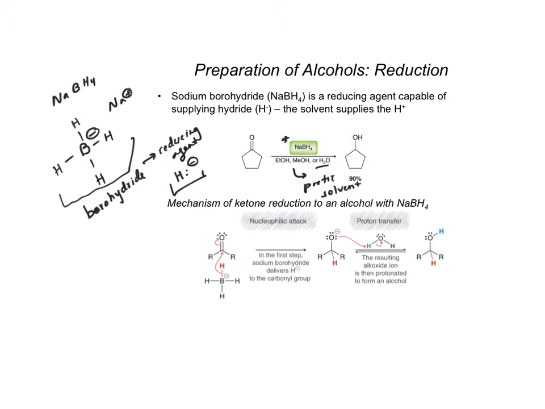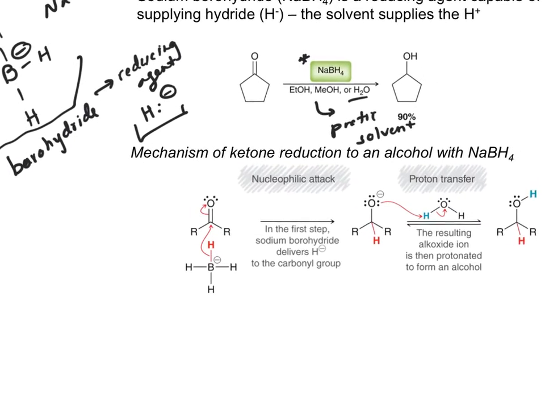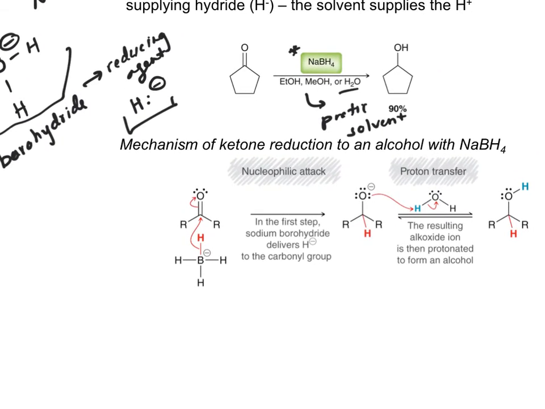Okay, so what is the overall mechanism for this guy? Again, if we go back to our 4 basic steps, what we're going to find in the first step is nucleophilic attack. Notice we're dealing with the hydrogen. Normally when we see hydrogen, we think of proton transfer, where a base goes out and gets the hydrogen and the electrons are left behind. This is something entirely different. This is nucleophilic hydride. So the electrons in this bond are going to go with the hydrogen and attack the carbonyl carbon.